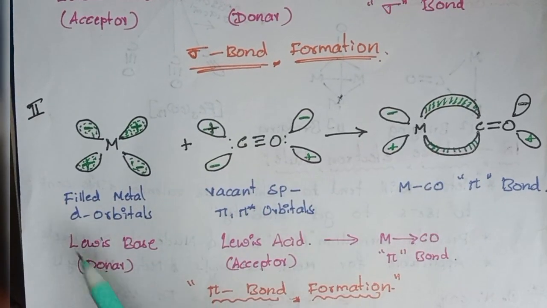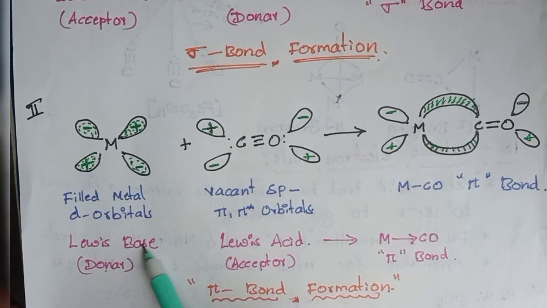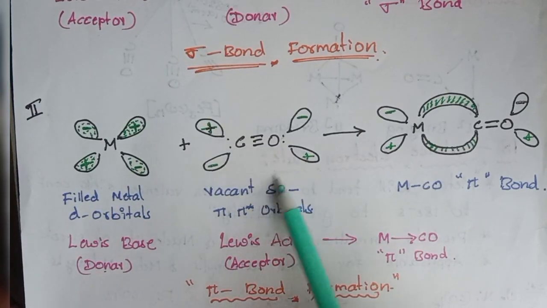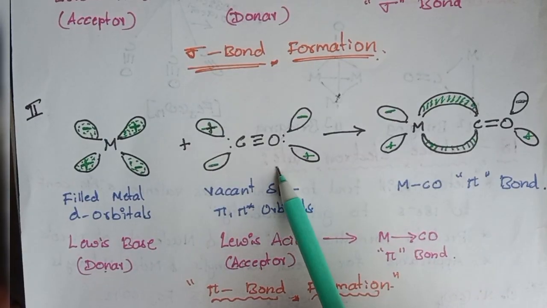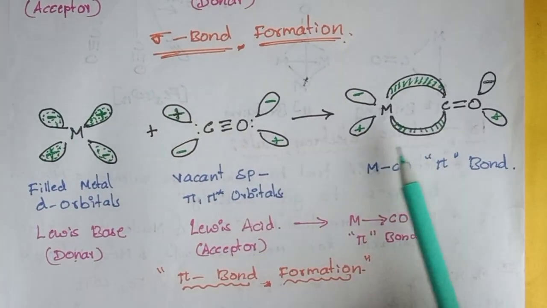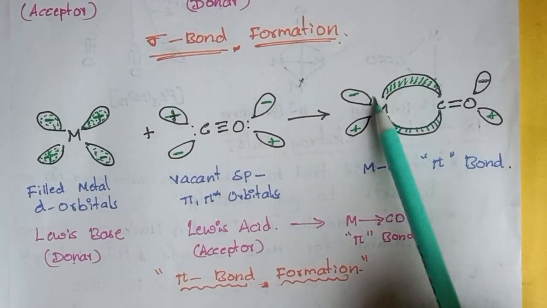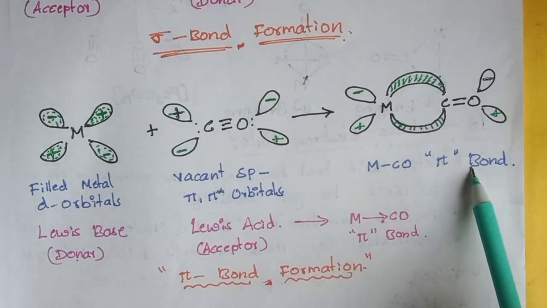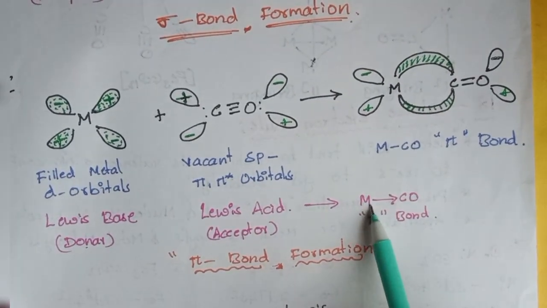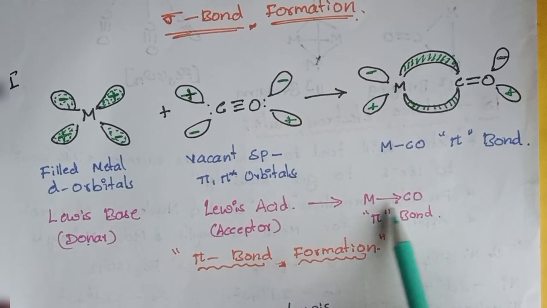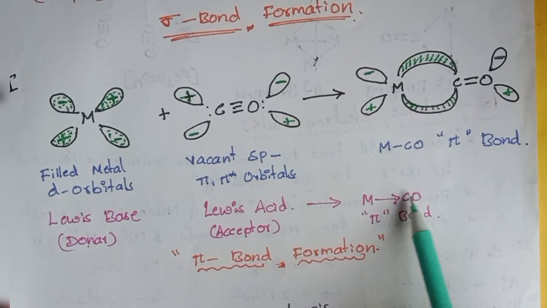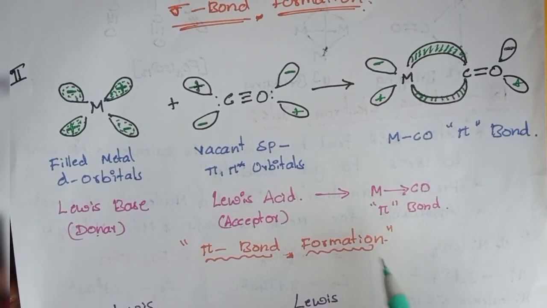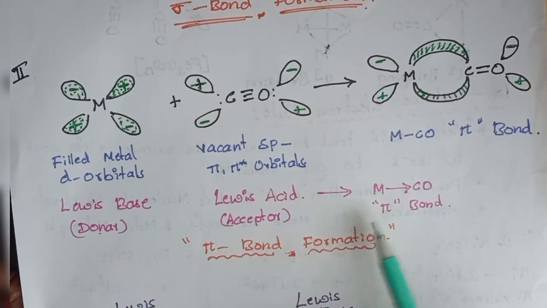Here the metal is acting as a Lewis base, donating electrons, and the ligand is acting as a Lewis acid, accepting electrons. The bond formed between metal and carbonyl is said to be a pi bond. The electron passing is from metal to carbonyl, which is called a dative pi bond. This is the pi bond formation.